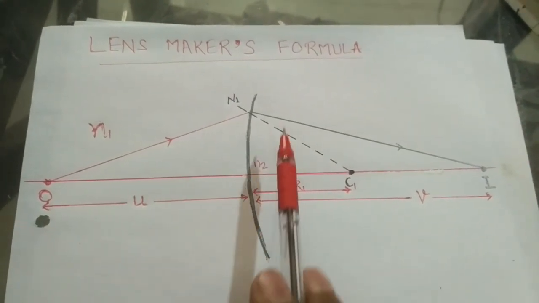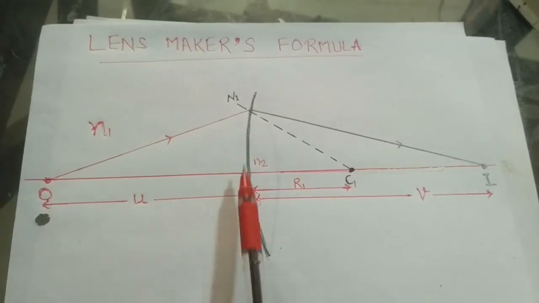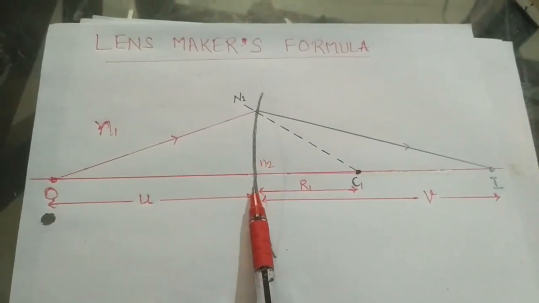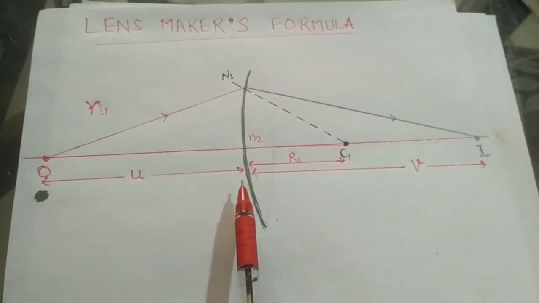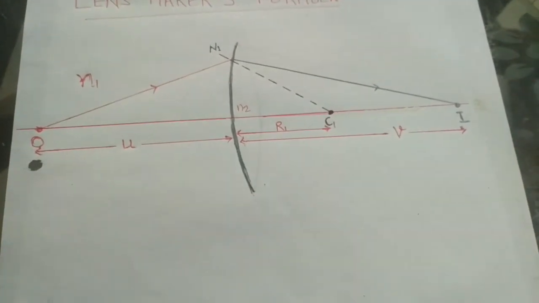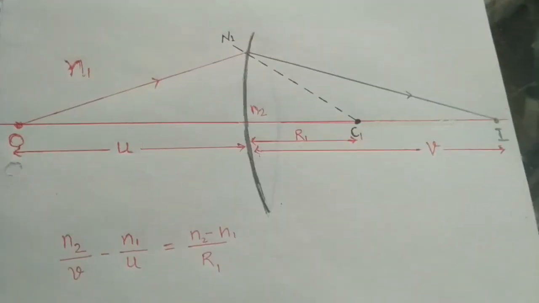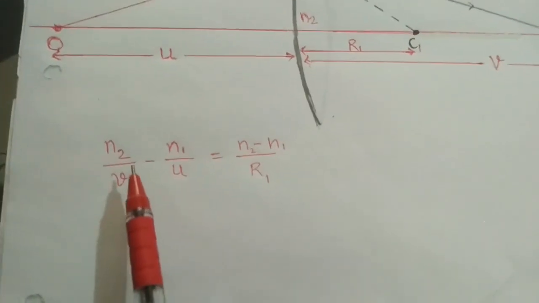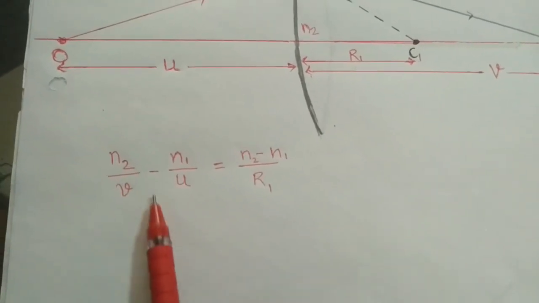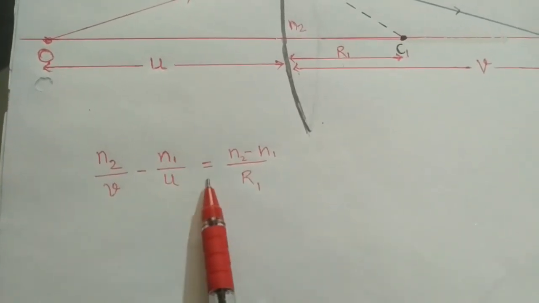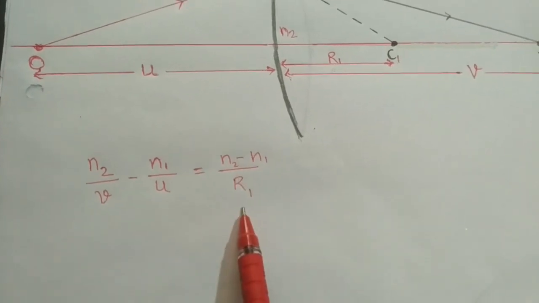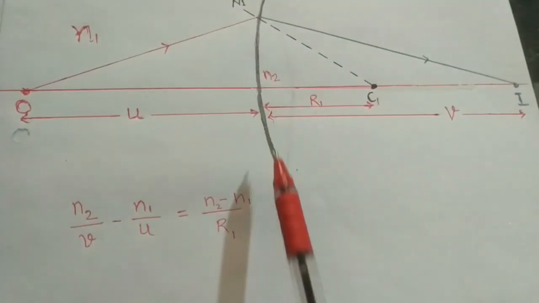So it is acting like a convex spherical surface, and for it we can write one equation: n2 by v minus n1 by u is equal to n2 minus n1 by r1. R1 because it is for the first surface.